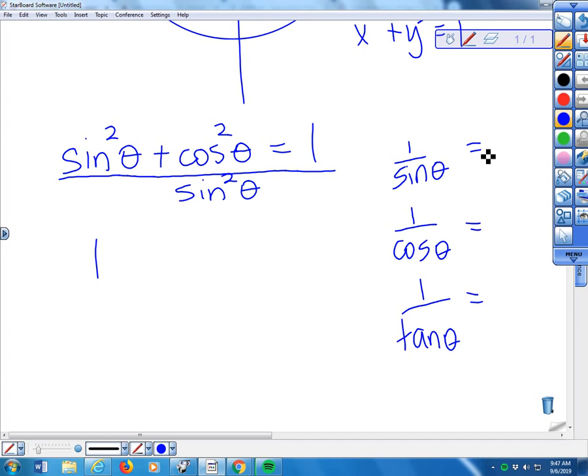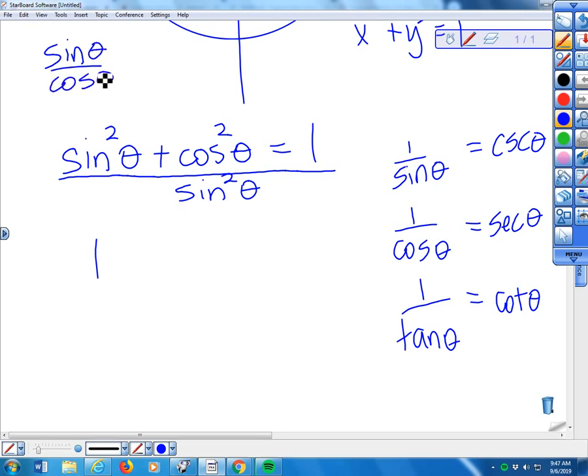So what's 1 over sine? Cosecant. 1 over cosine? Secant. Okay. So cosine squared over sine squared is cotangent. Because we know sine over cosine is tangent.